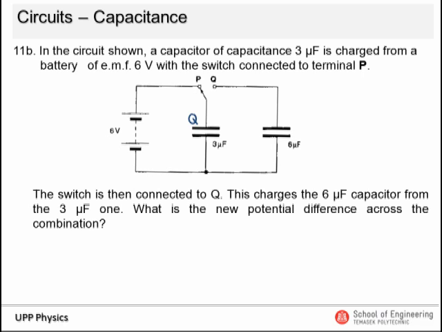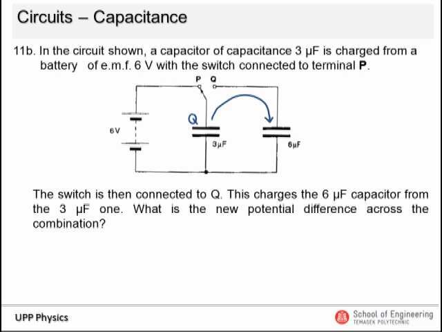Now what happens when the switch is then connected to Q? The situation will change. Originally, the 3 microfarad has charge Q stored on it. When the switch is connected to Q, part of the charge that is accumulated on the 3 microfarad will be transferred to the 6 microfarad in this manner.